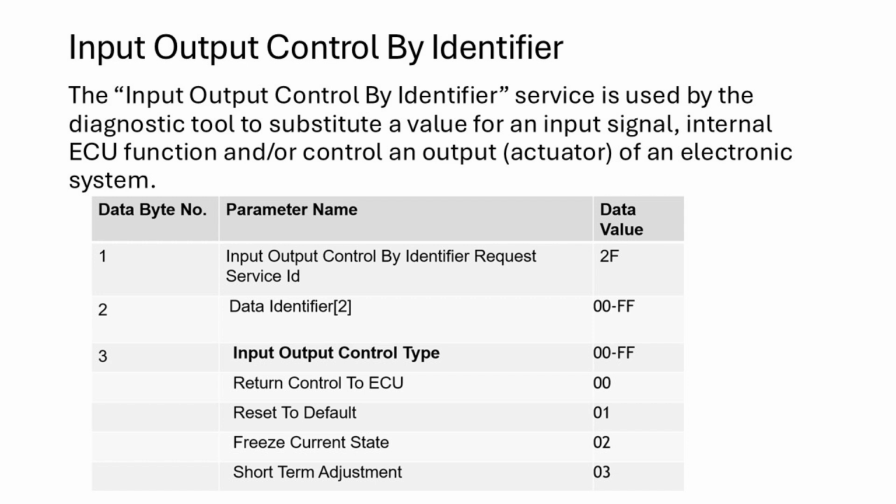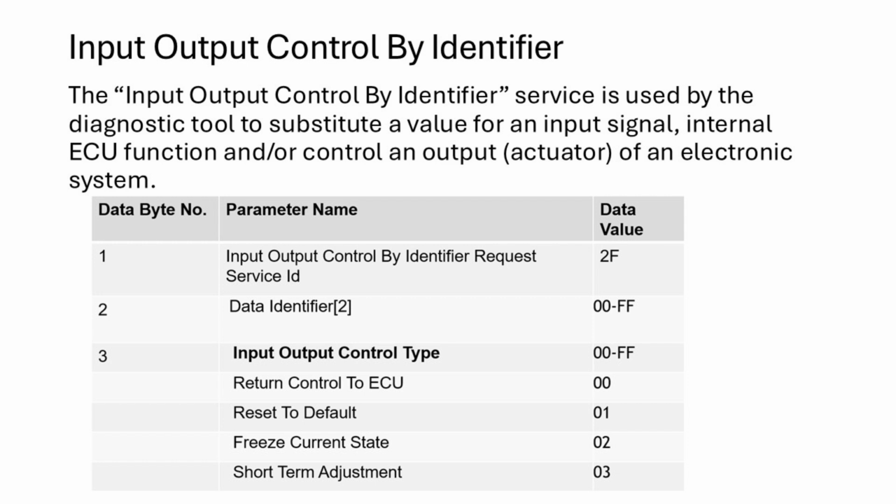The service is used by the diagnostic tool to substitute a value for an input signal, internal ECU functions, or control an output actuator of an electronic system. So the meaning of this service is you can control a particular input output signal.